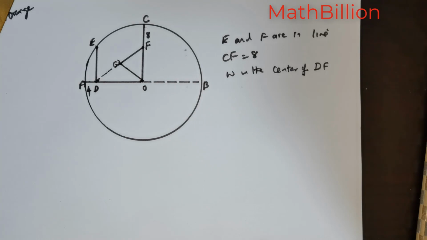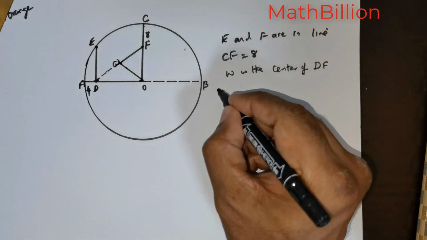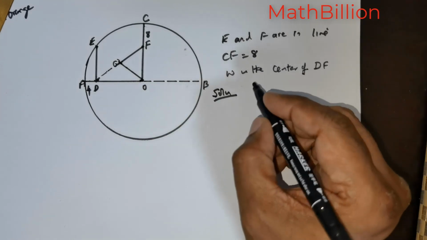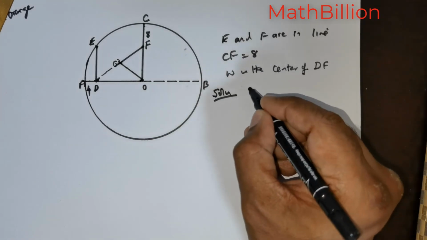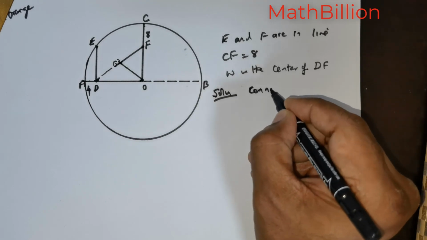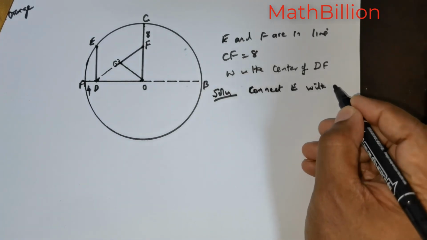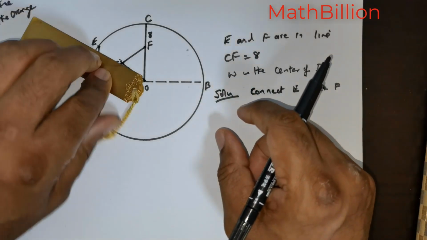So let me just show you how the solution is got, right? So let's get it started. Foremost, what I wish to do, this is the solution answer. So connect E with F, right?